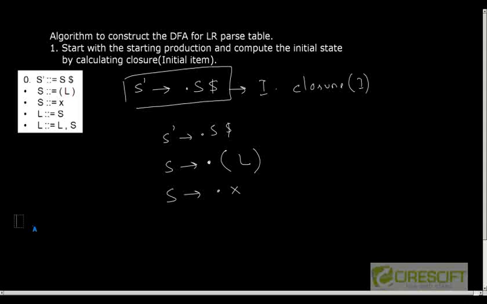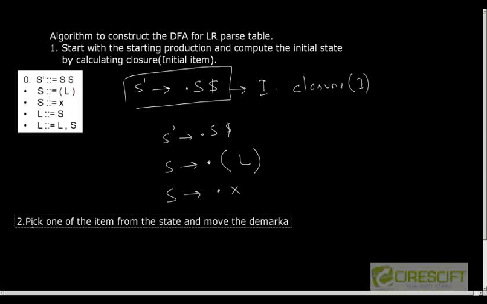Okay, then that will be my starting state. Now pick one of the items from the state and move the demarcator, here the demarcator is dot, to the right.